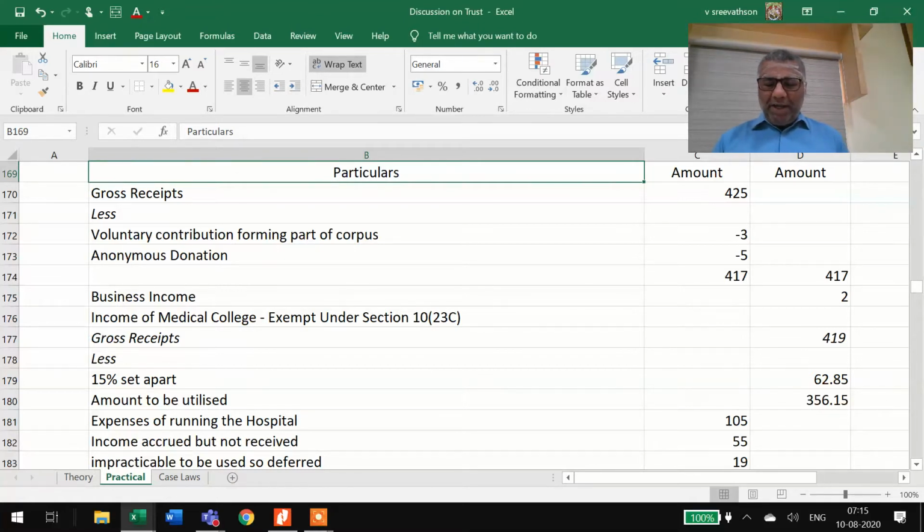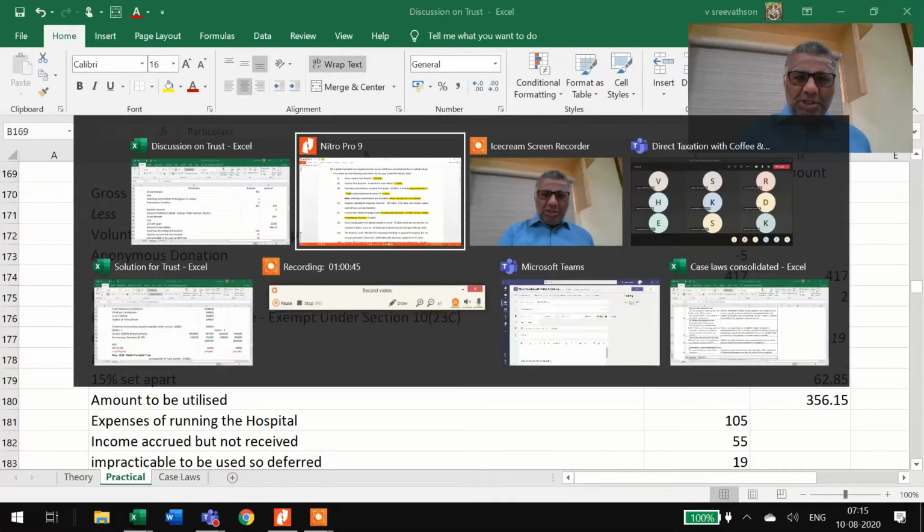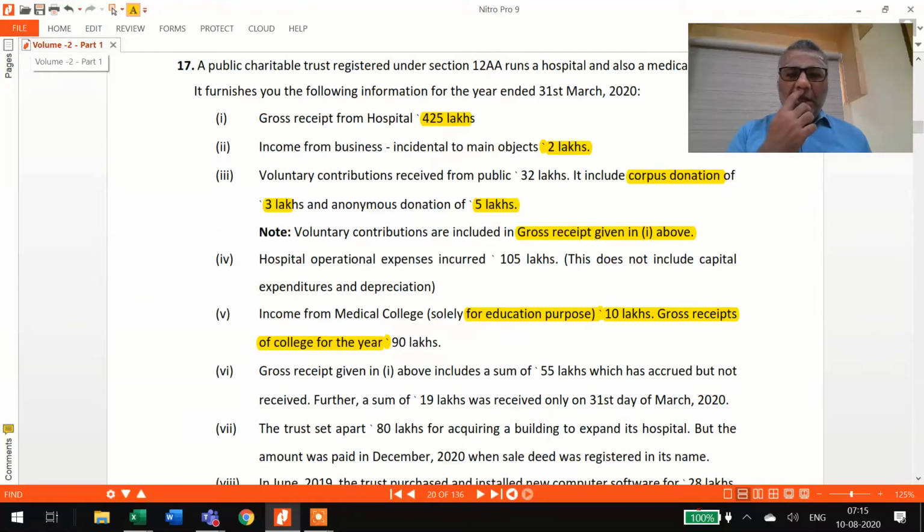Vijay, you did not read that sentence. That gross receipts include this donation. It's not apart from. If you read, voluntary contributions are included in gross receipts above. Third point, I'm reading, Vijay, there is a note.